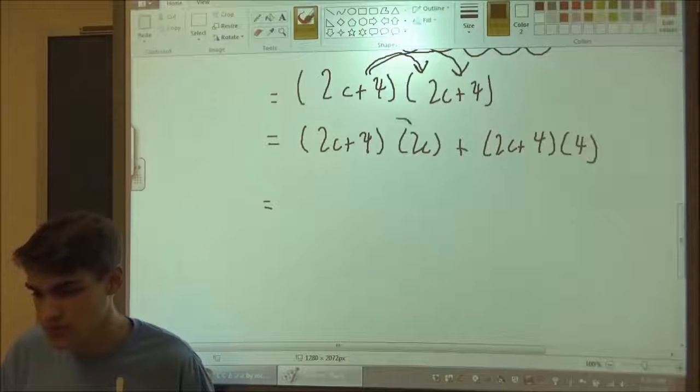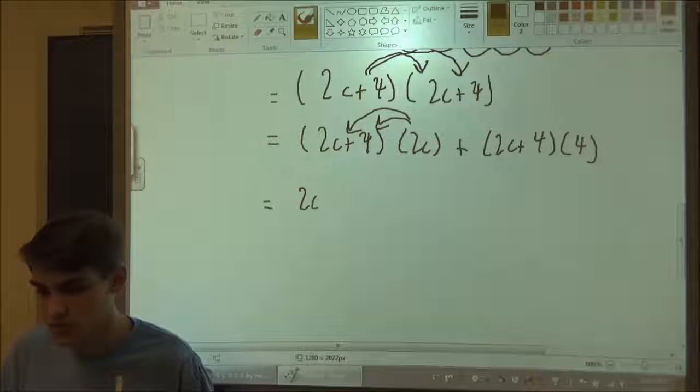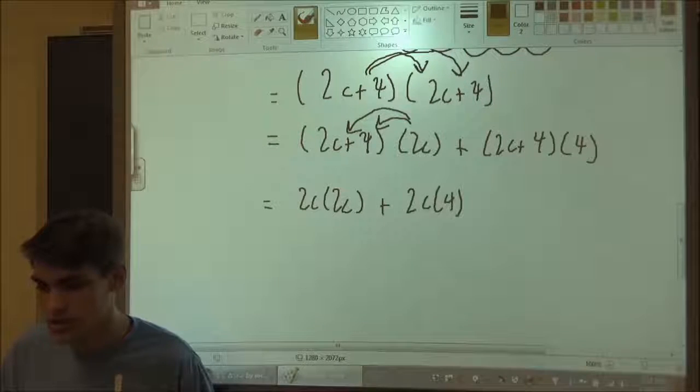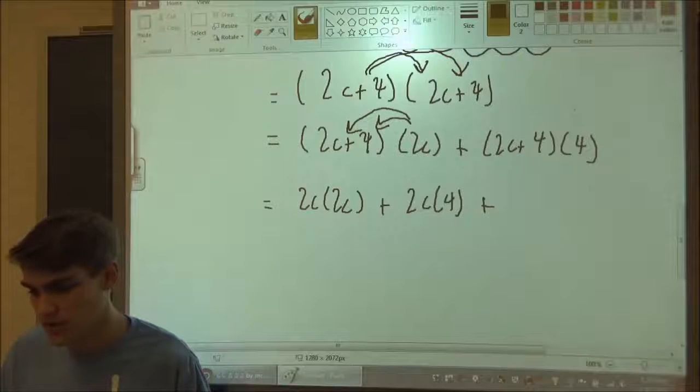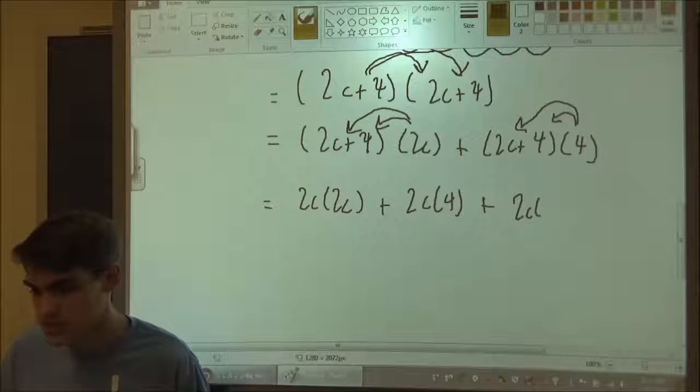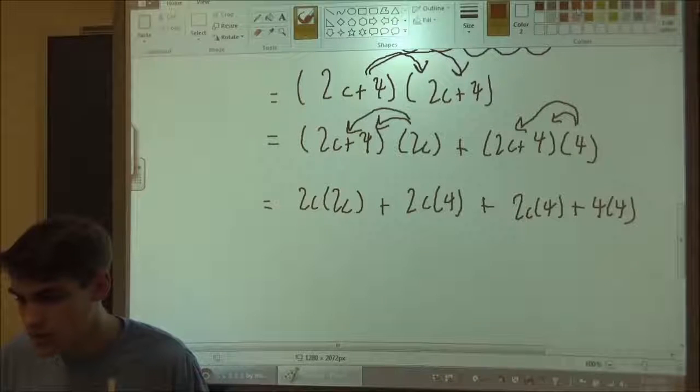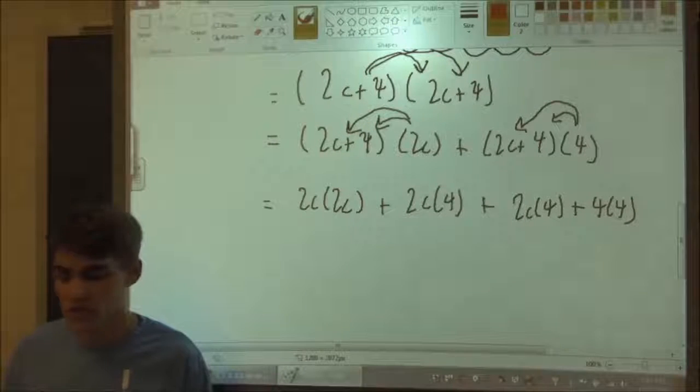And then from here we use the distributive property again. This one's a little easier to see because it's the one you know. So we get 2c times 2c plus 2c times 4, and I'll draw the arrows here again. You get 2c times 4 plus 4 times 4. A few of you might have noticed, here's what we did.